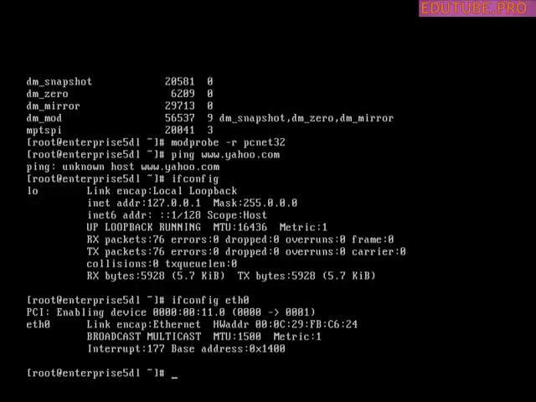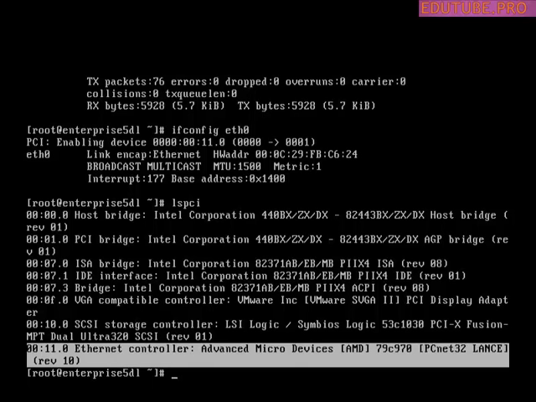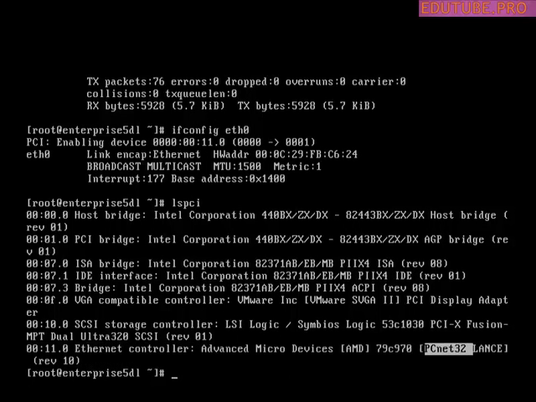And if you didn't know that pcnet32 were the driver, try the lspci command. And look at that. It identifies the Ethernet controller, as well as the name of the driver.